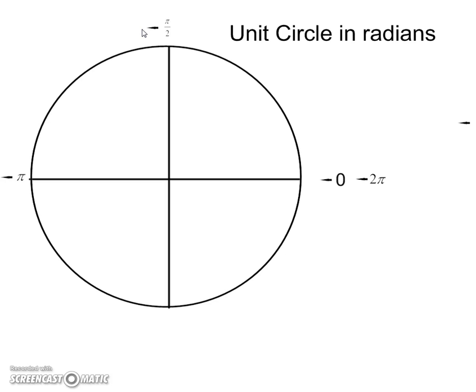So now I can count by pi over 2. 1 pi over 2. 2 pi over 2, which reduces to pi. 3 pi over 2. And then 4 pi over 2. 4 divided by 2 would give me 2 pi.